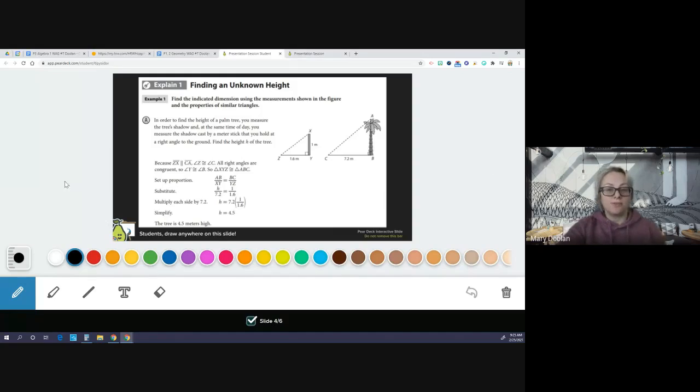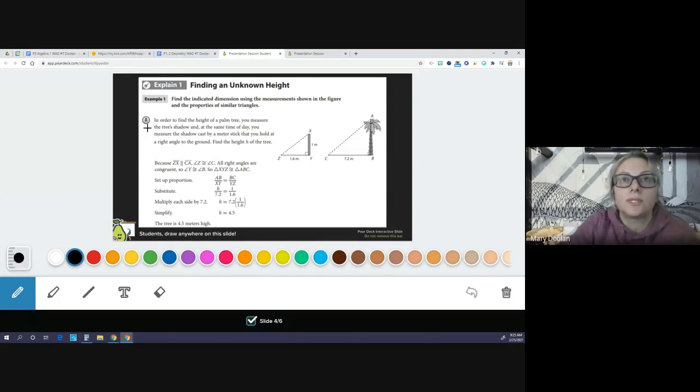Okay, so anyhow, this is the first one I'm going to explain to you guys, and you can draw on this slide too if you want to. You don't have to, but this is finding an unknown height. We are going to find the indicated dimension using the measurements shown in the figure and the properties of similar triangles.